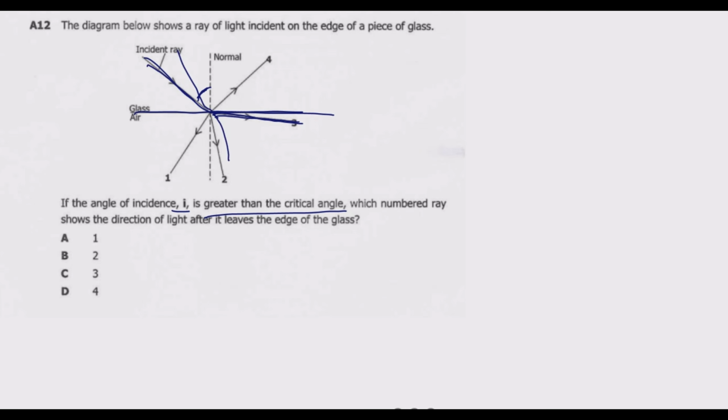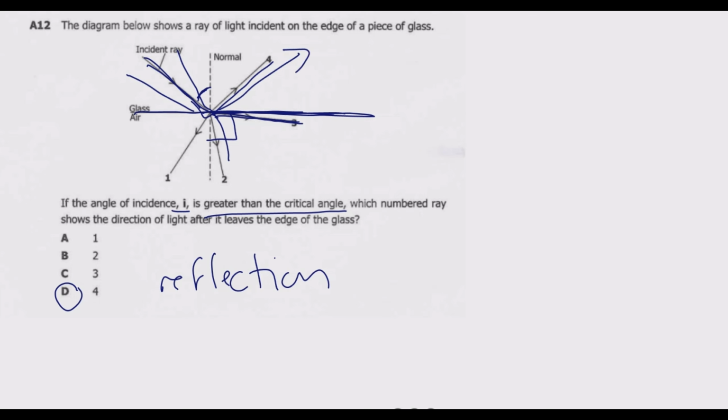But if this is greater than, the light will bounce back. So basically, option 4 is the best answer. Remember, if the incident angle is equal to the critical angle, the ray will be at 90 degrees. If it comes here, it bounces back. If it's lower than, it's refracted. So D is the best answer.